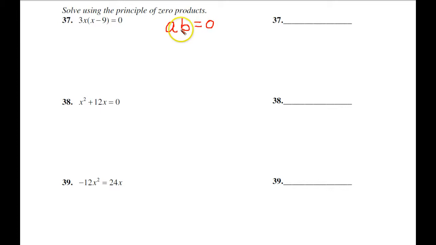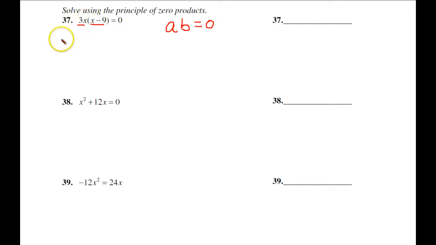In order for this statement to be true, either the a or the b had to be 0. So here we have something a little more complicated where we have this factor, and they're saying it equals 0. Well, how do we solve that?